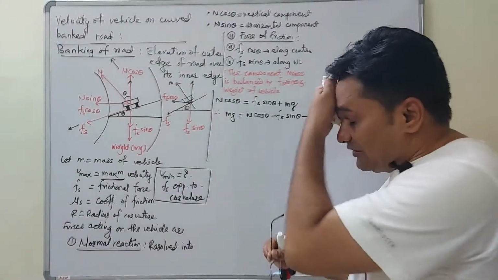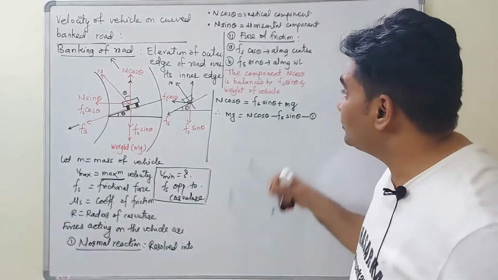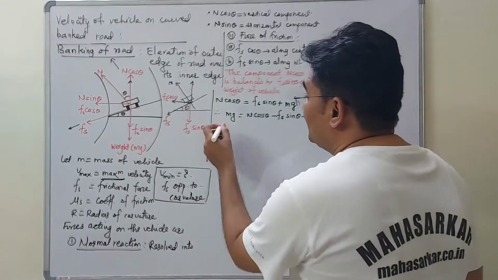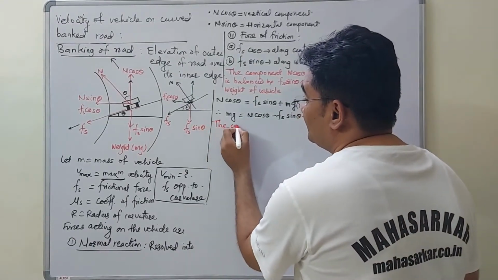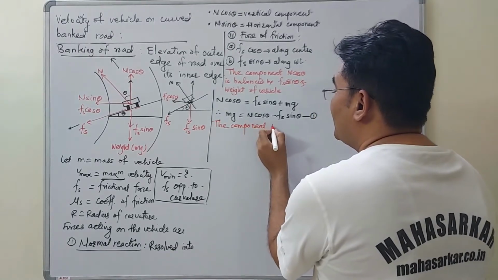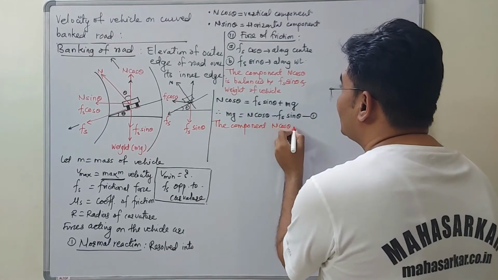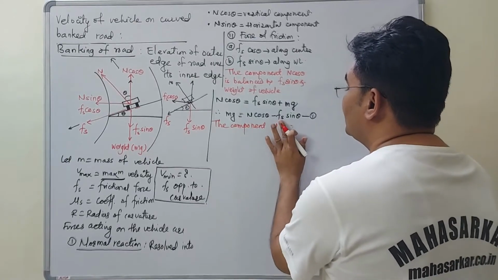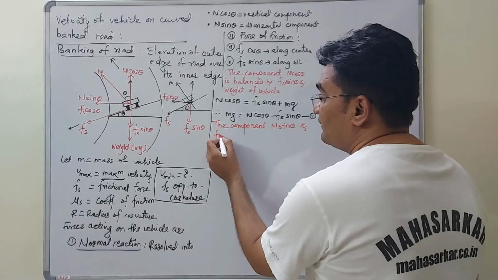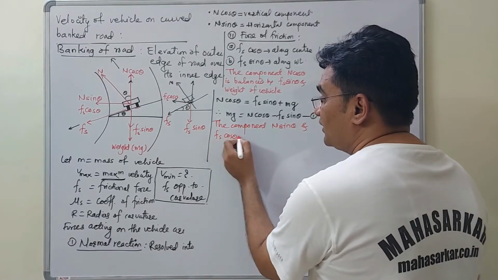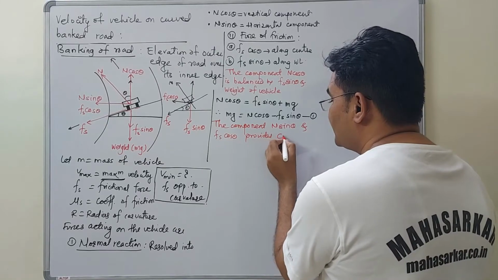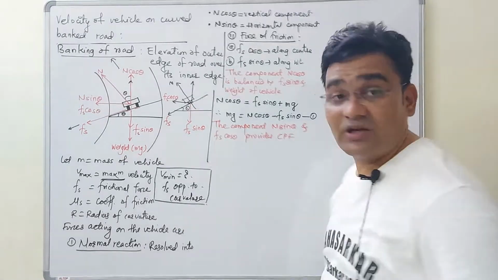So the components N sin theta and Fs cos theta provide the necessary centripetal force for circular motion.